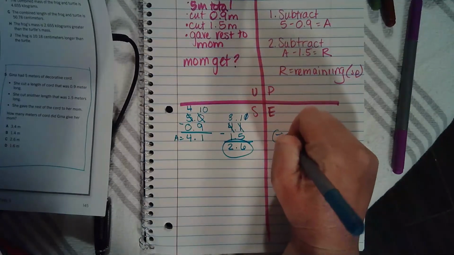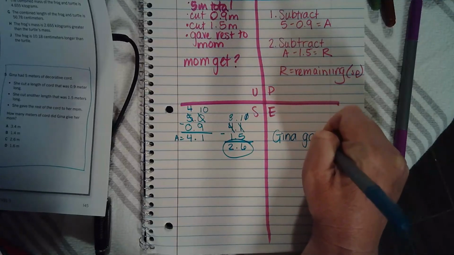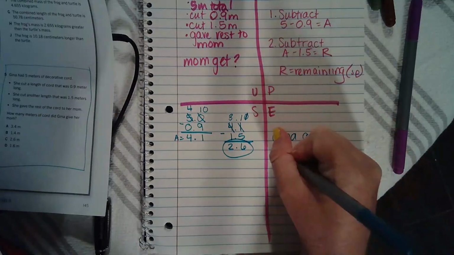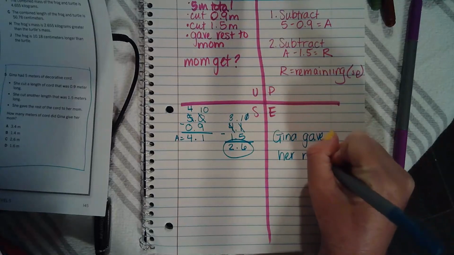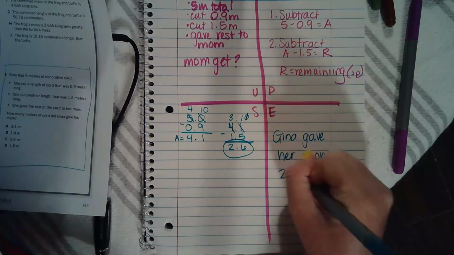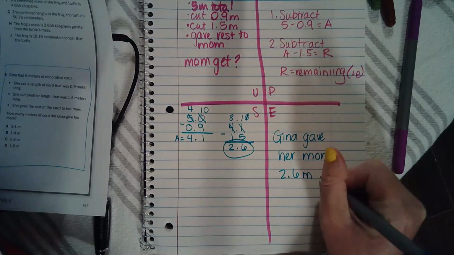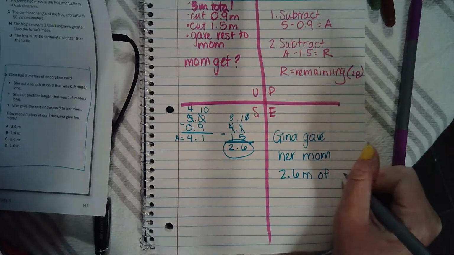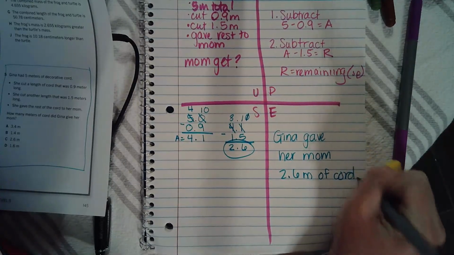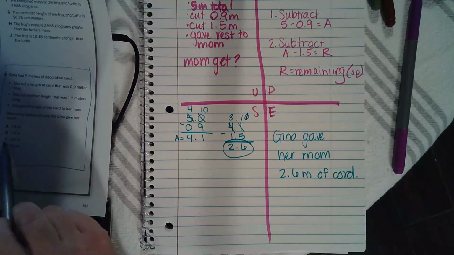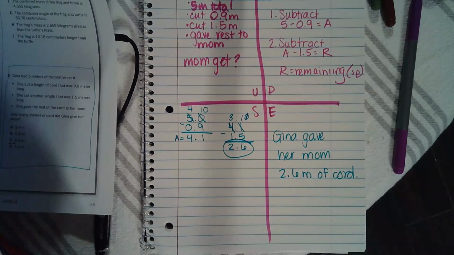So Gina gave her mom 2 6/10 meters of cord. Okay, and there's my answer right there for R.